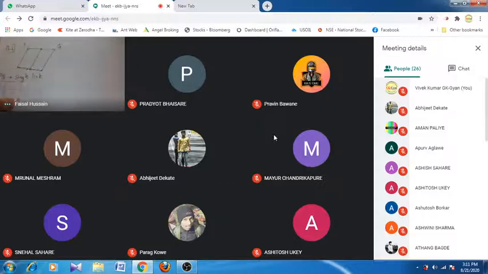Out of these 4 options, one option is correct. Now students, whenever you see a numerical related to mobility or degree of freedom, we have to determine the degree of freedom.